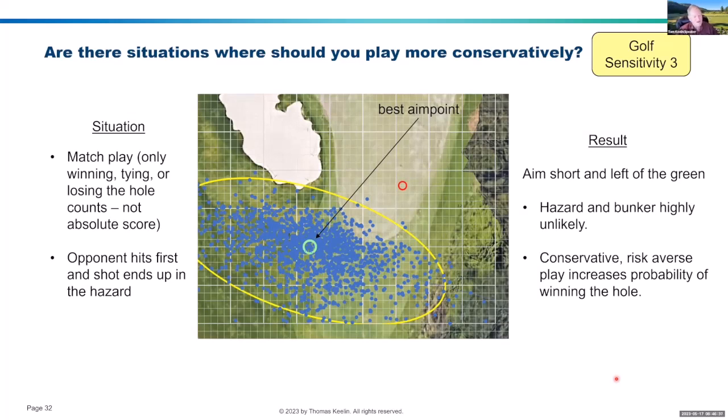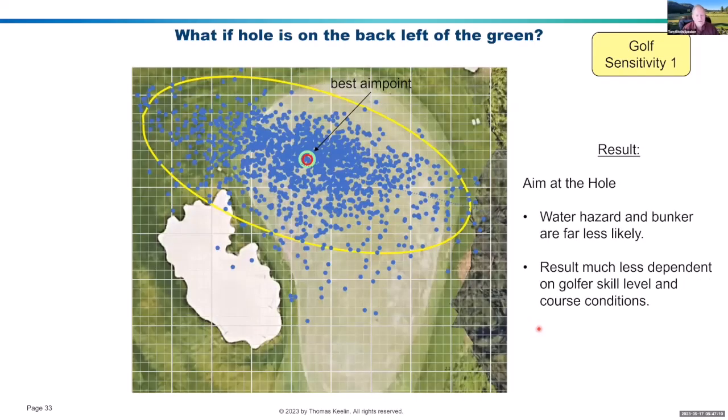If you're playing match play, where only winning, tying, or losing the hole counts and not your absolute score, and your opponent hits his or her first shot into the hazard, and now it's your turn to tee off, your best aim point is likely to be more conservative: aim short and left of the green, leaving yourself an easy choice. That way you'll both maximize your probability of winning the hole, given that your opponent's already in the hazard, and minimize your probability of losing it. So risk aversion can indeed come into play.